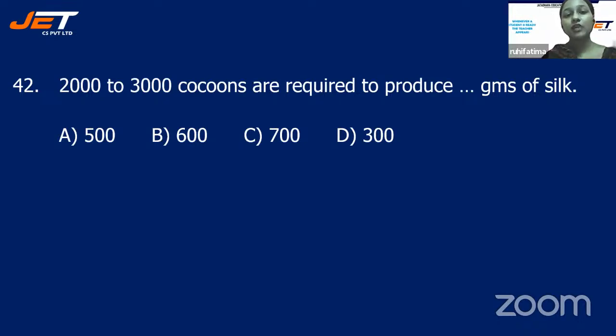2,000 to 3,000 cocoons are required to produce dash grams of silk. A 500 grams, B 600 grams, C 700 grams, or D 300 grams. Any idea about it, students? Drop your answer in the chat box.